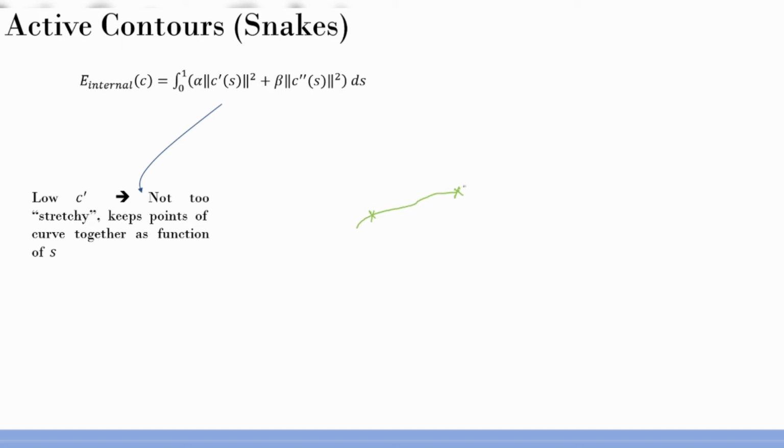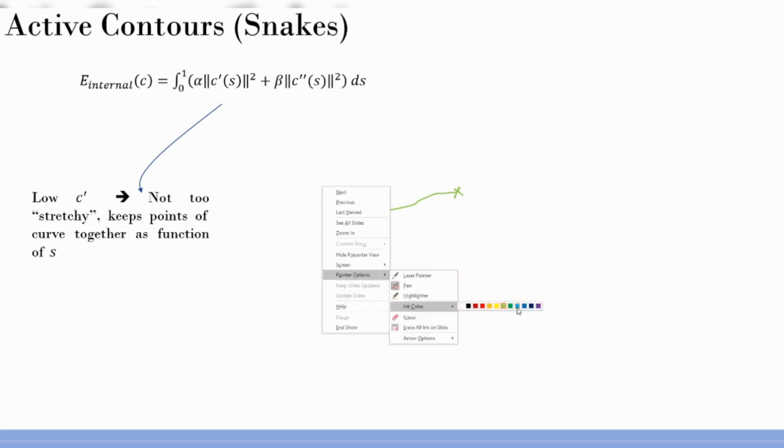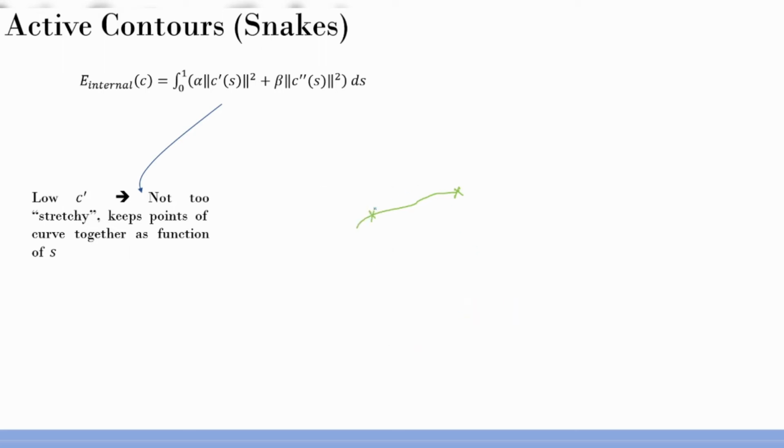Let me use a different color and explain. The starting point stays the same, and I take another point here. In this case you are taking points far apart, and if I take the differencing, this value will be pretty high compared to this value.